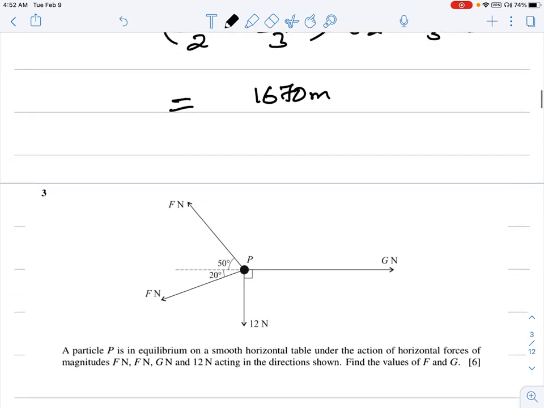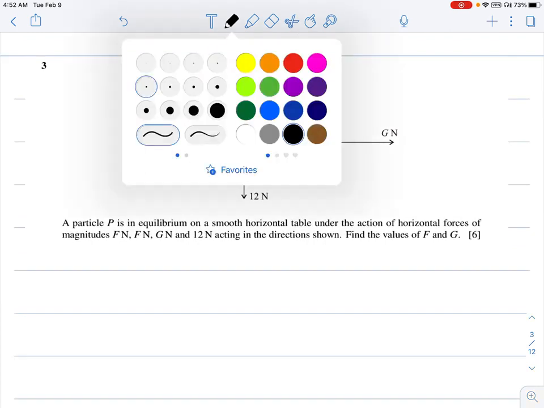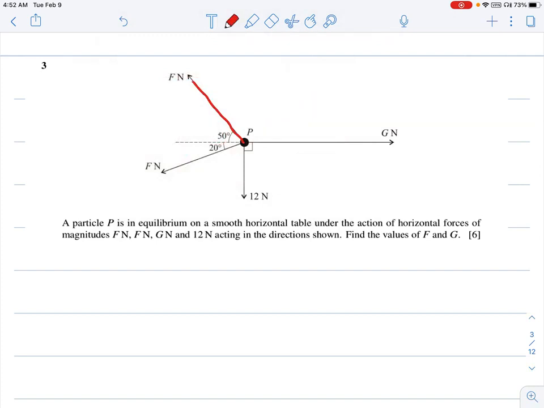meters. This question now, whenever you see this kind of question, first we need to resolve the forces. So let us resolve this first force F into one horizontal and one vertical. We have to resolve the forces into horizontal and vertical. So the horizontal will always be cosine: F cos 50, F sin 50.